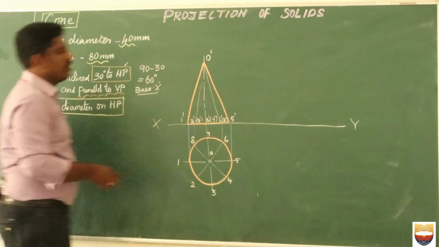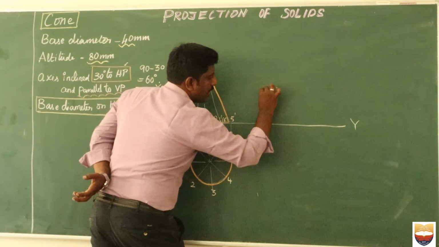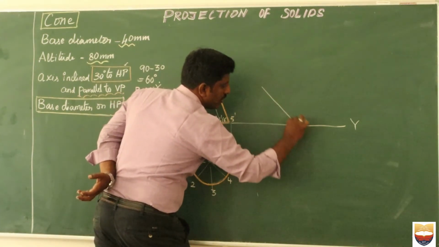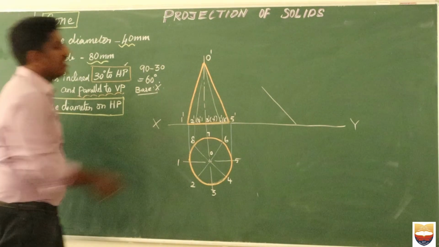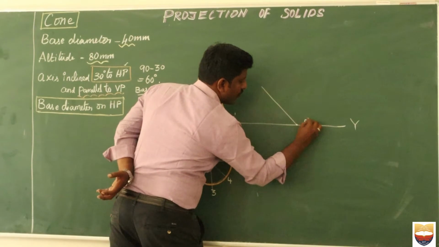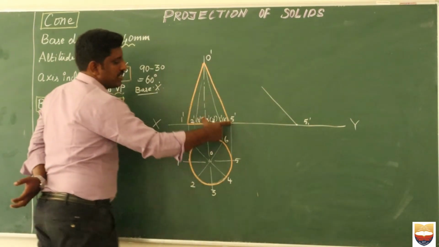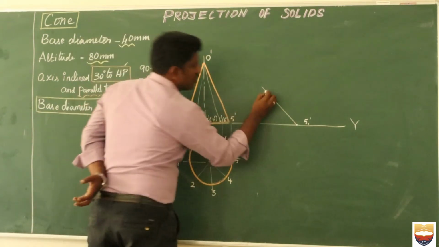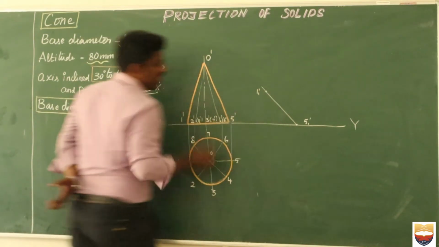So what I have to do is, first I need to draw a line inclined at an angle of 60 degrees. So this is the angle which I measured, 60 degrees, and I pin my right-hand side, which means it is 5 1 dash. Using my compass, I measure from 5 to 1, so that I have my point here as 1 dash.